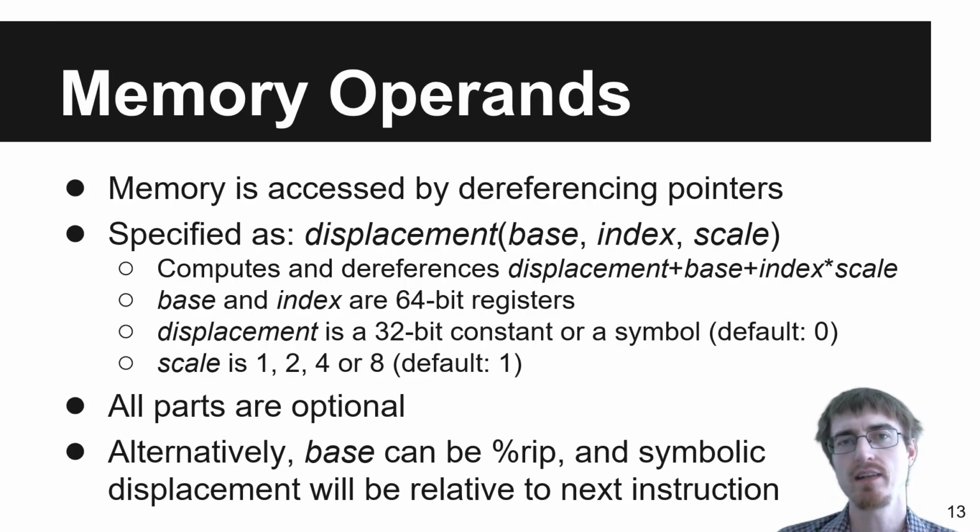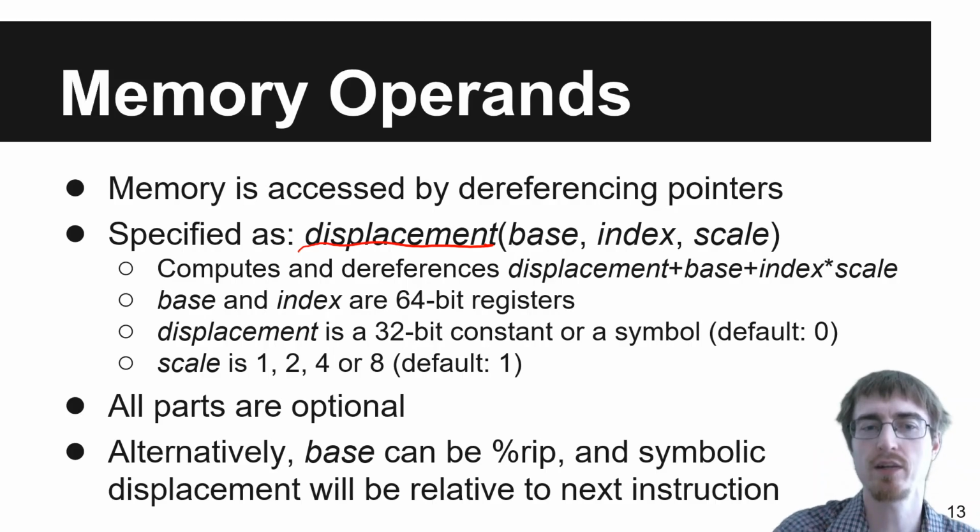Well, Intel is an assembly language that's pretty much as close as you can get to a high-level language, in the sense that it allows us to do all sorts of elaborate inline pointer computations, which means that in the general case, a pointer dereference looks like this: displacement(base, index, scale).